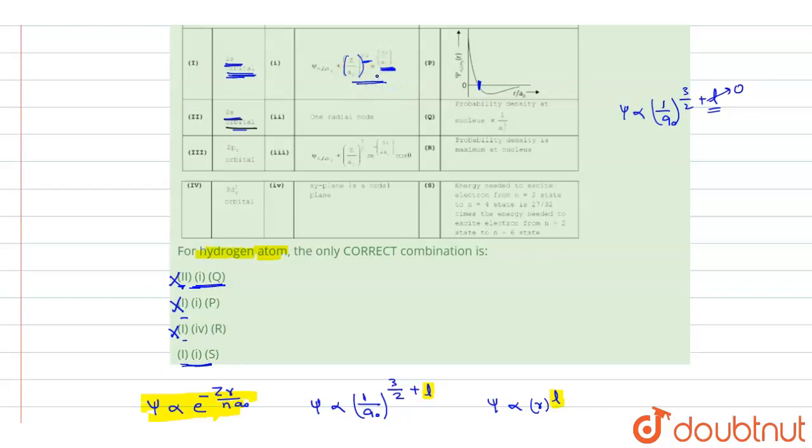We have checked that. And it says energy needed to excite electron from n equal to 2 state to n equal to 4 state is 27 by 32 times energy required to excite electron from n equal to 2 to n equal to 6.